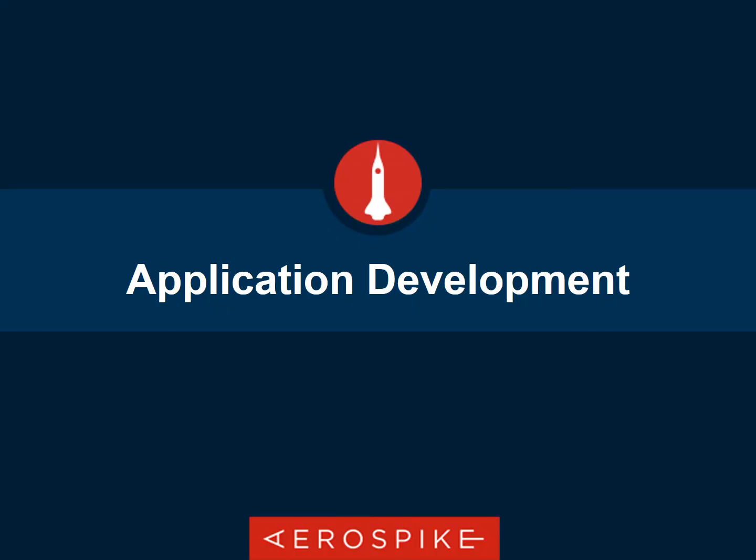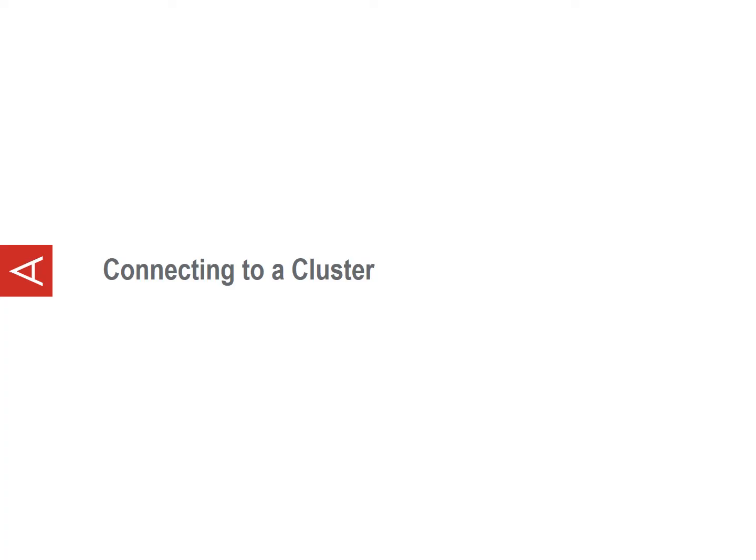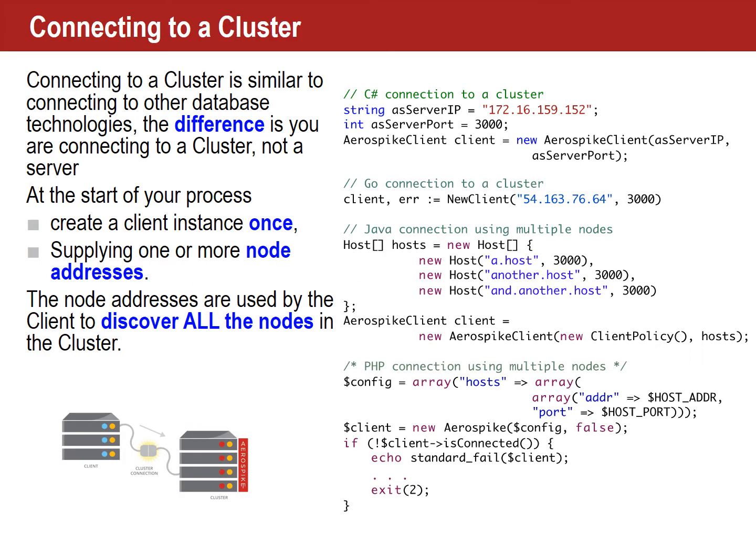Now, as far as developing an application for Aerospike goes, you're now in the client realm. So, the first thing you would do when you write your application is connect to a cluster. And like I said, initially you just want to connect to one node in the cluster, and just to make sure that that node is not down, you can give a list of hosts.